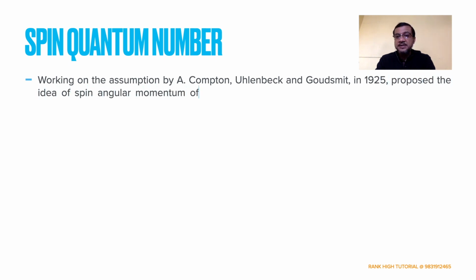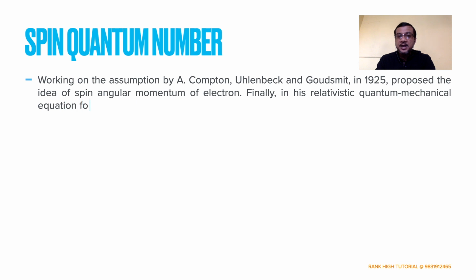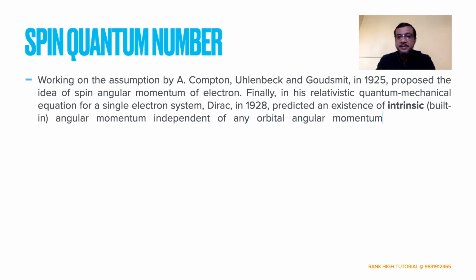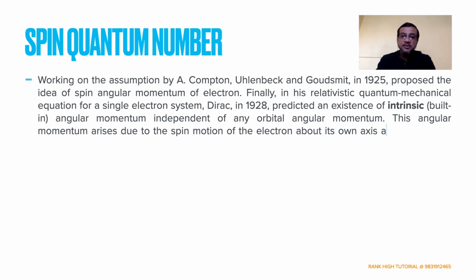Finally, in his relativistic quantum mechanical equation for a single electron system, Dirac in 1928 predicted the existence of intrinsic or built-in angular momentum independent of any orbital angular momentum. This angular momentum arises due to the spin motion of the electron about its own axis and is called spin angular momentum, or capital S, of magnitude mod of capital S, which is expressed in terms of spin quantum number small s.